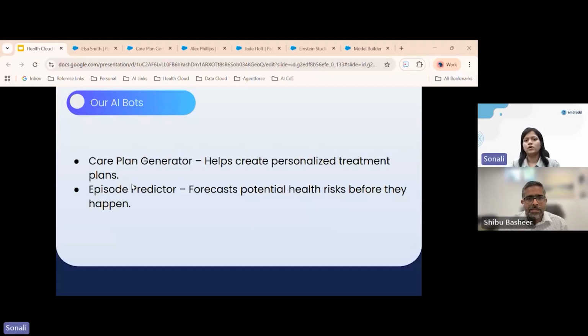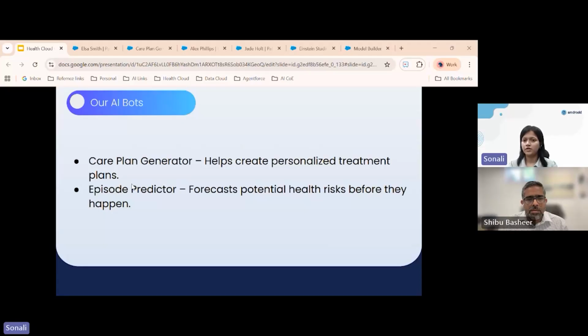So the bots that we have built at Amdrodd Technologies are AI tools which will tackle real challenges in healthcare. The first one is the care plan generator, which will help clinicians create safe and personalized treatment plans.